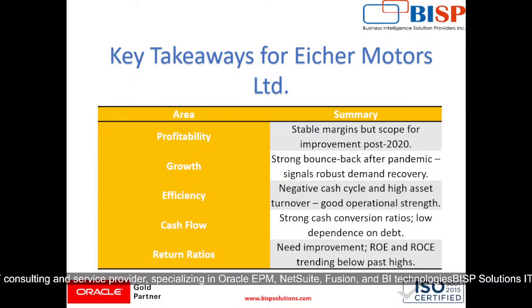Efficiency, negative cash cycle and high asset turnover, which means good operational strength. And cash flow, where strong cash conversion ratio and low dependence on debt is there. And return ratios, which need improvement, ROE and ROCE trending below past highs.